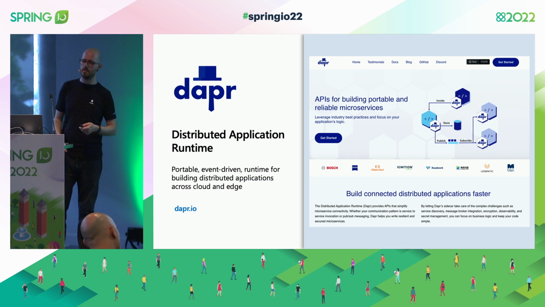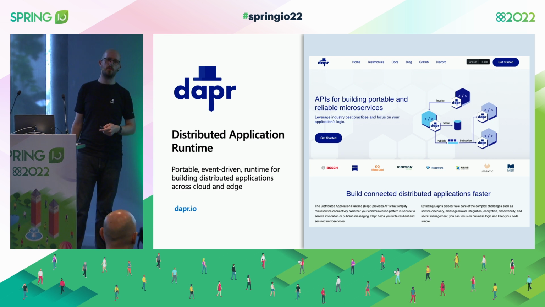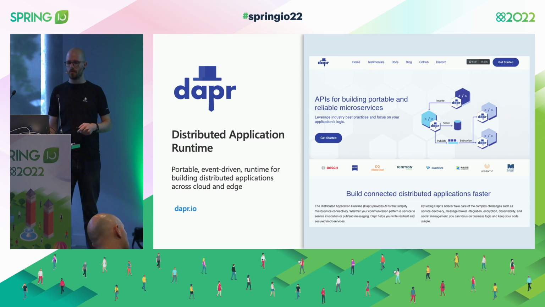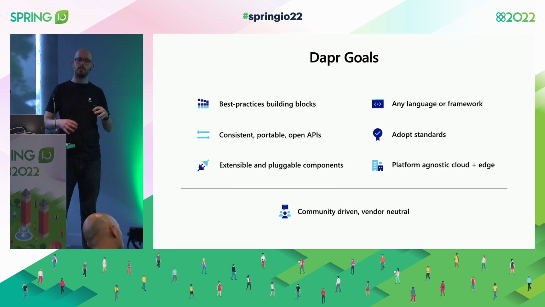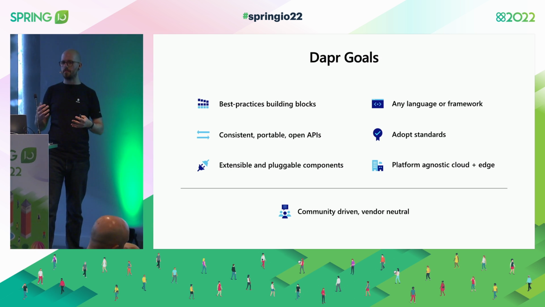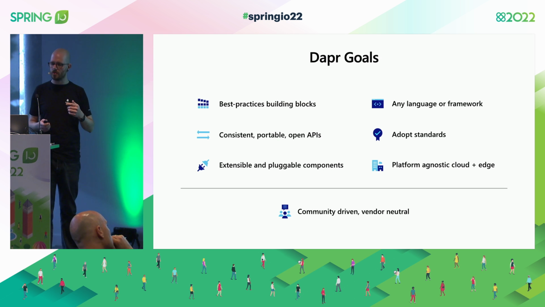So Dapr then came up at some point. It was originally a Microsoft project, but is now part of the Cloud Native Computing Foundation and is open source, openly governed, and so on. And their goals were to establish best practices in building blocks, which you then can utilize in your service architecture. Those building blocks are the core.